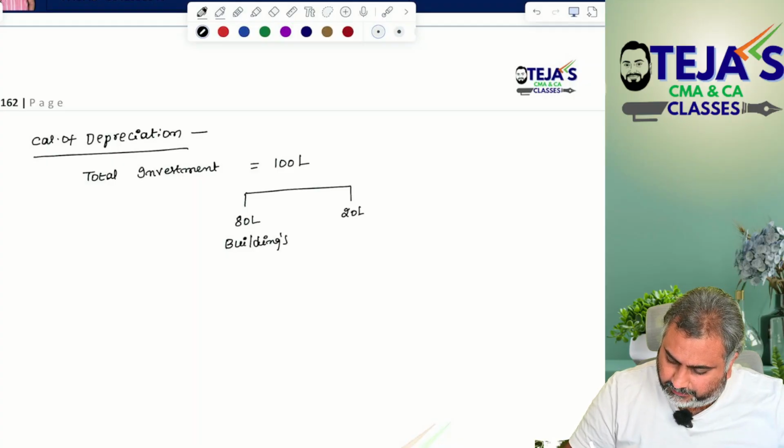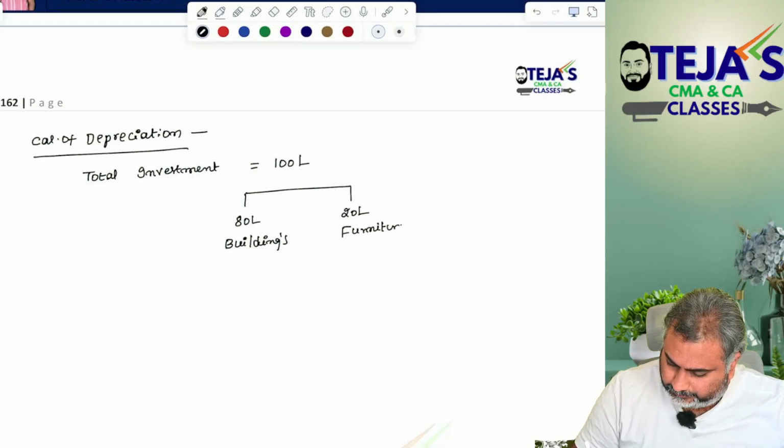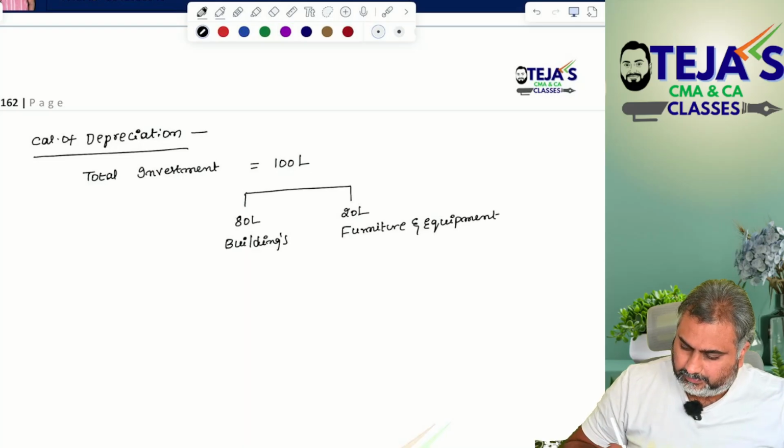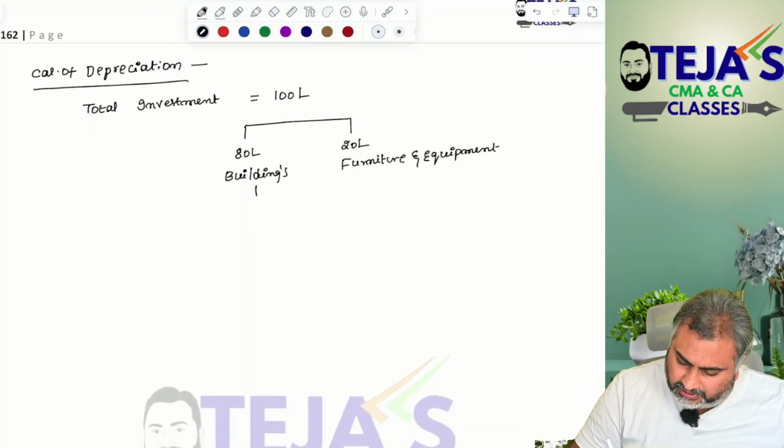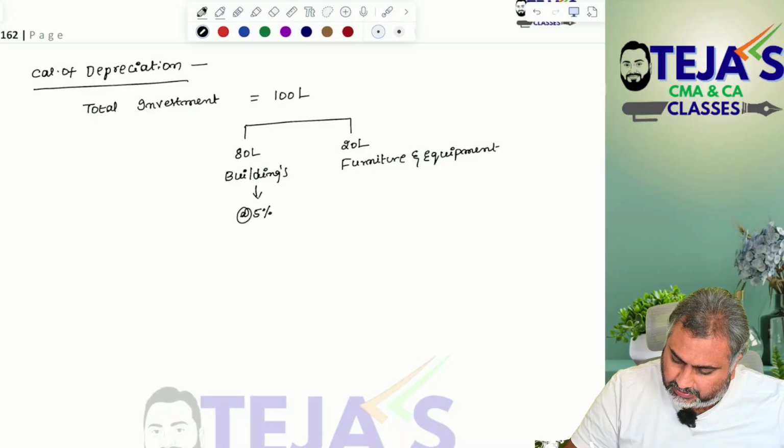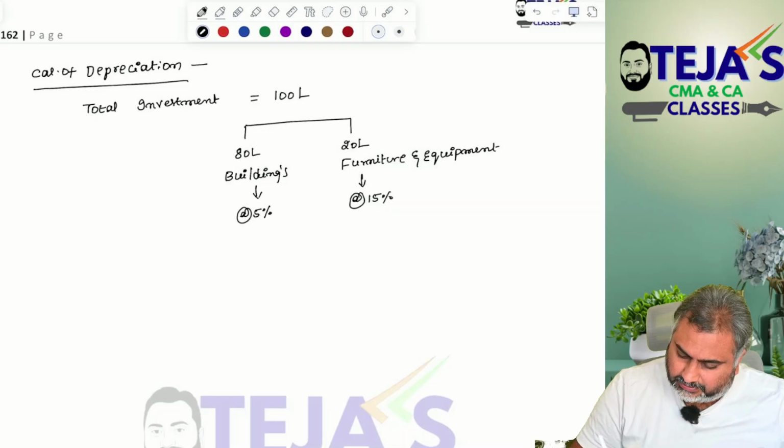The rest part will go for furniture and equipment. What is the depreciation for this? They said at the rate of 5%. For this, they said at the rate 15%.